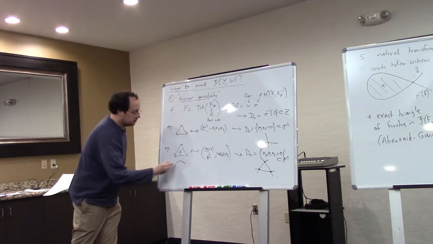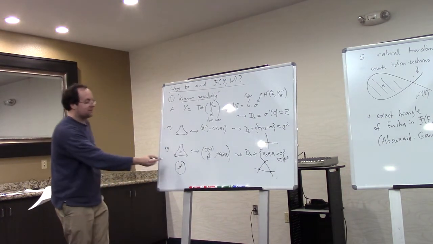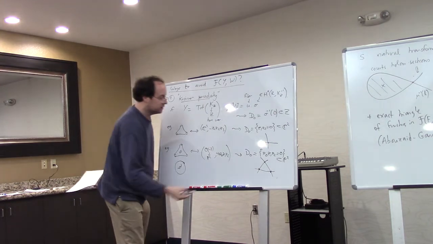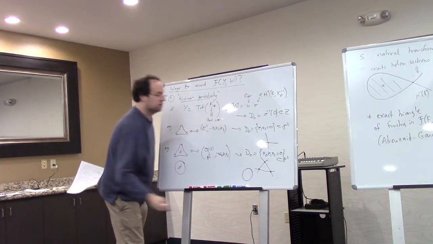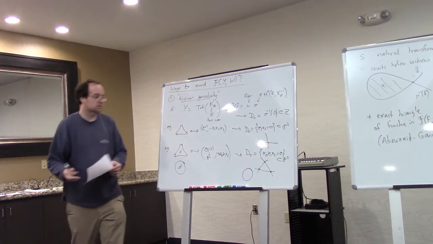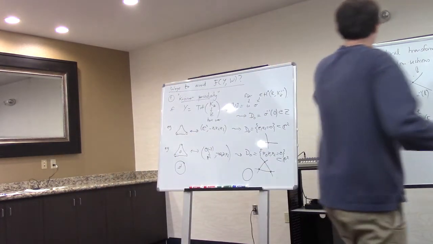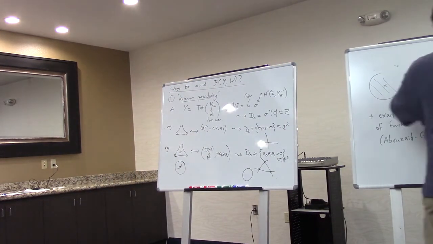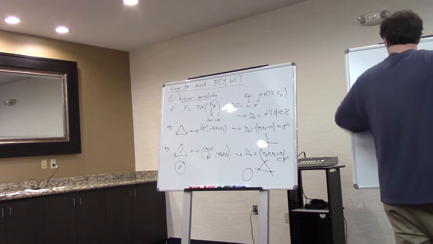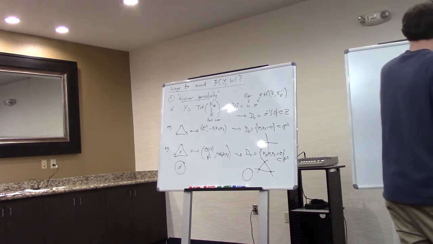And we discussed briefly how when you compactify this inside the toric variety, then you end up with a smoothing of this nodal curve.